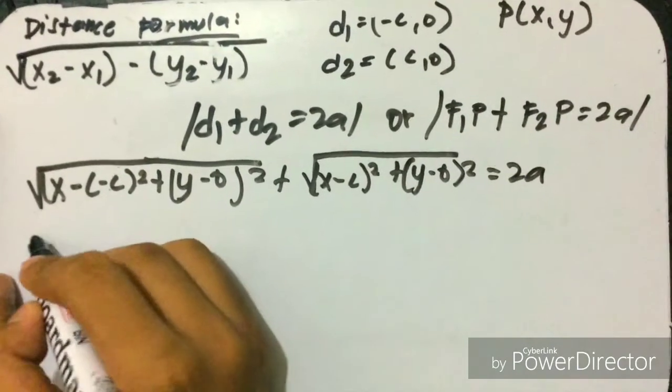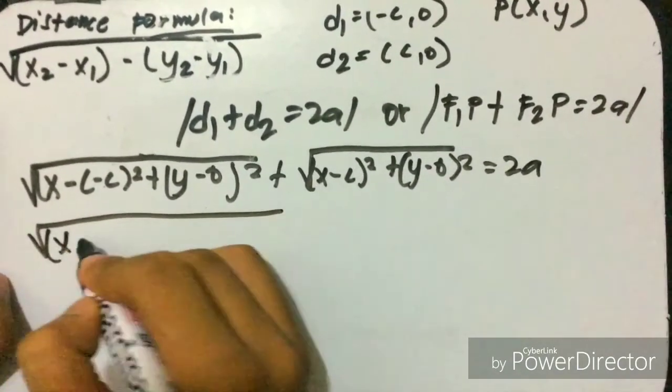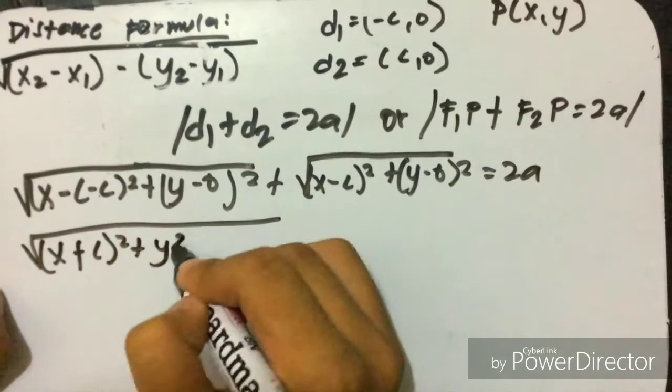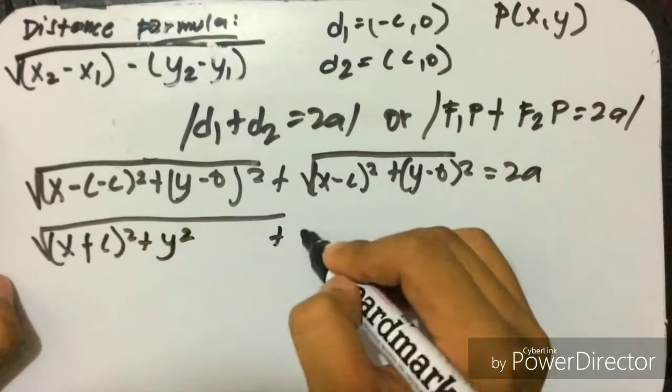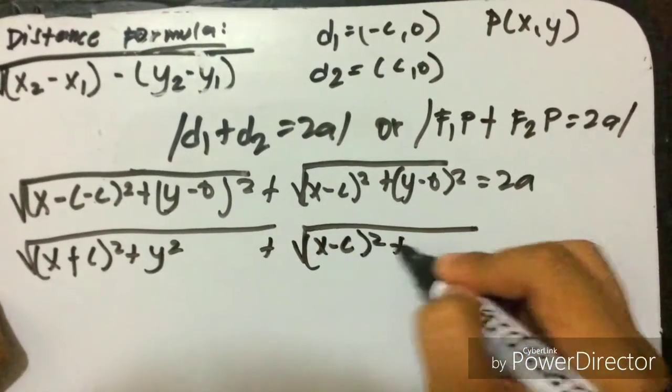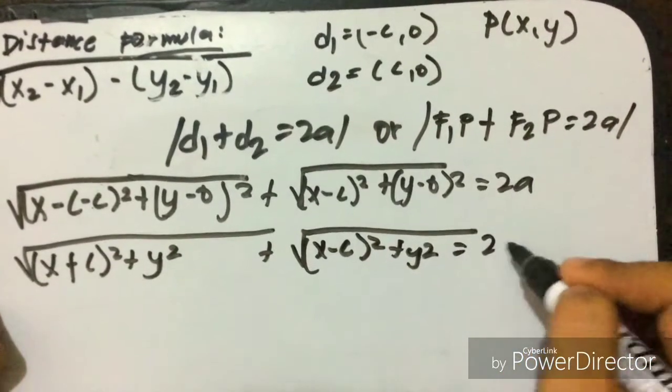Negative times negative is positive, so it is the square root of (x plus c) squared plus y squared, plus the square root of (x minus c) squared plus y squared, equals 2a.